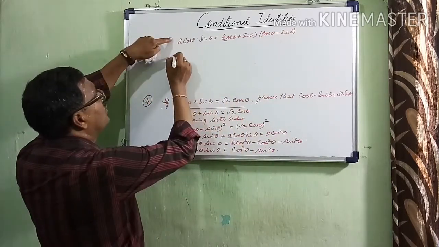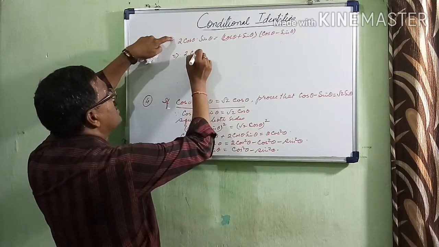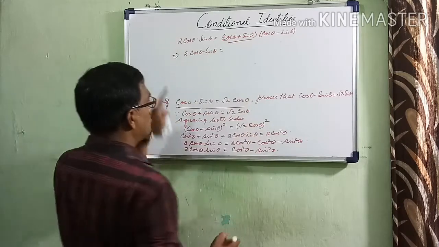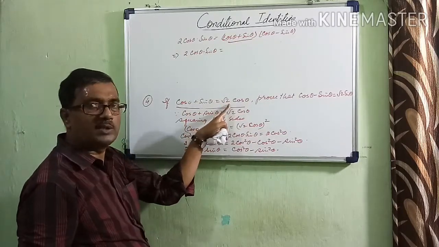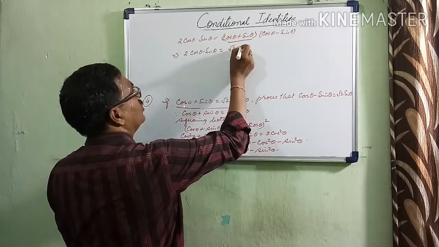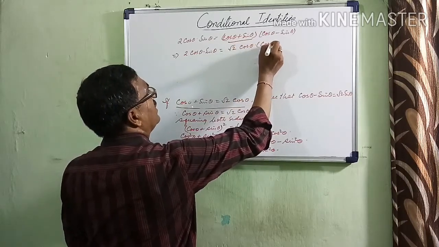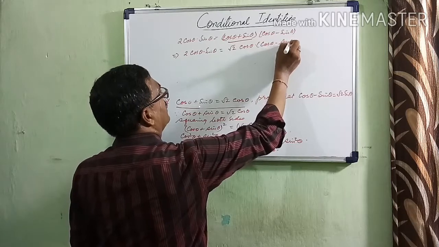Then here you have 2 cos θ sin θ. What is the value of this you have been given? √2 cos θ. So you substitute the value: √2 cos θ into (cos θ − sin θ).